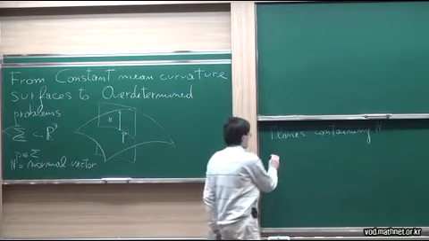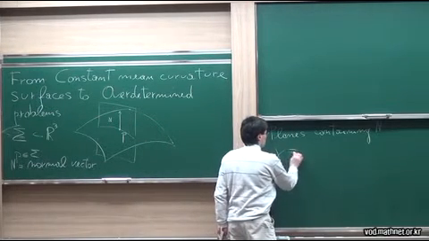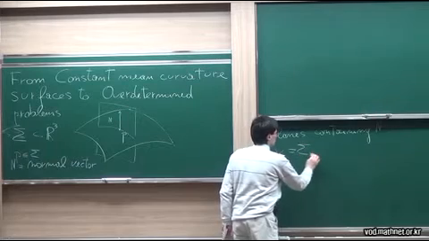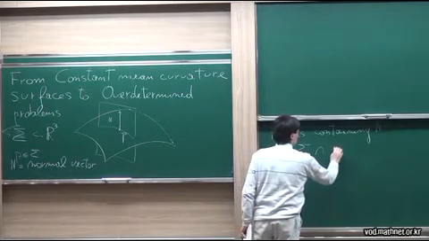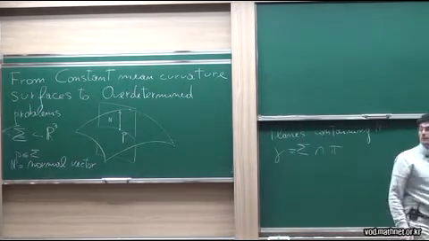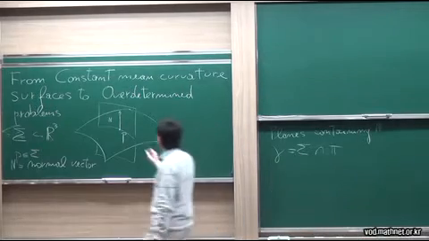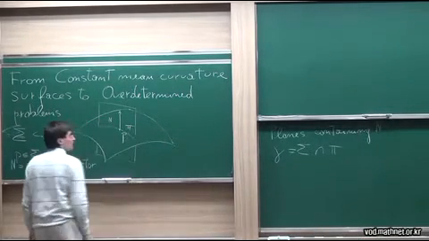I consider the curve gamma given by the intersection of sigma and a plane pi in this family. Suppose this to be pi.